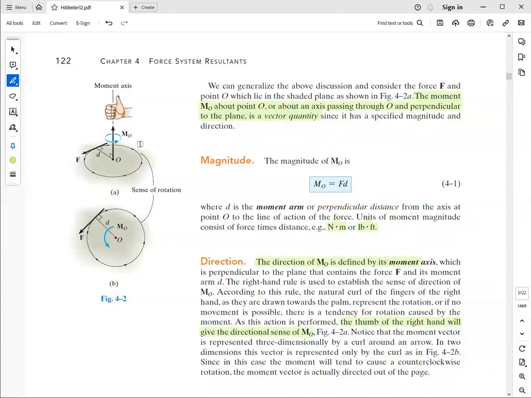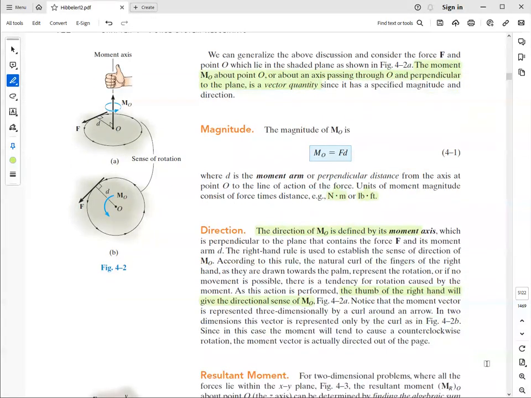And we define them using the right-hand rule or right-hand screw. So right-hand rule, you grab the axis, you point the fingers in the direction of the force, and the thumb points in the direction of the moment. Of course, the axis itself can be oriented, so moments could be either positive or negative. Okay.